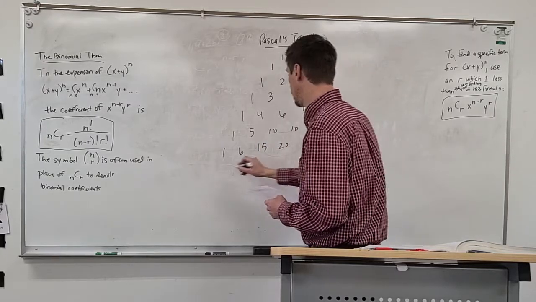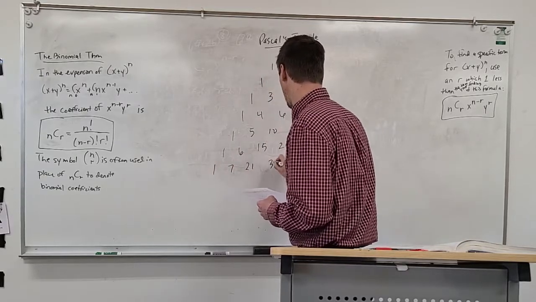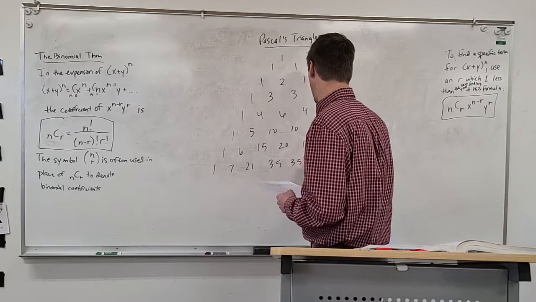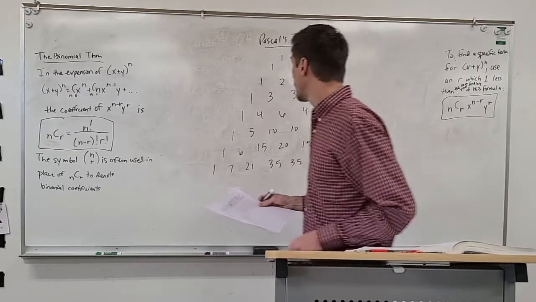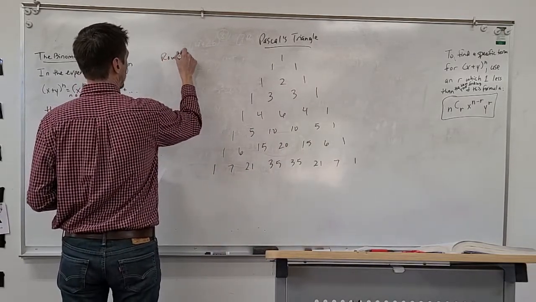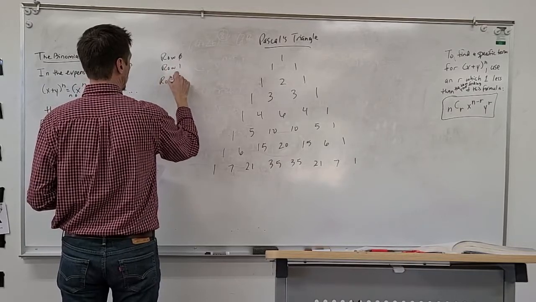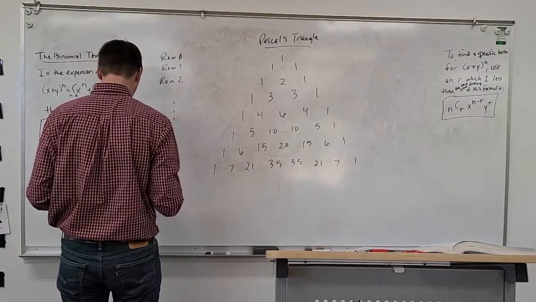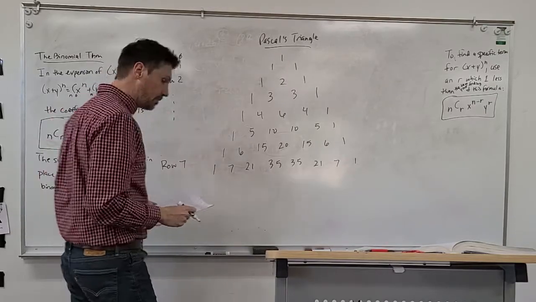And then finally, if I do this row here, 1, 7, 21, 35, 35, 21, 7, 1. And we can keep going. And so this is row 0 at the top, and this is row 1, and this is row 2, all the way down until we get to row 7 down here. And we can keep going.